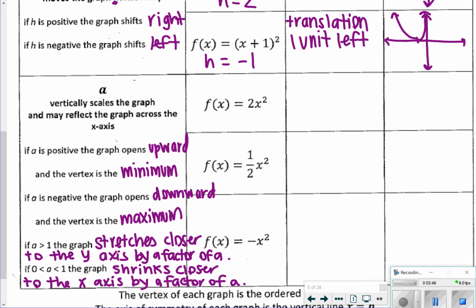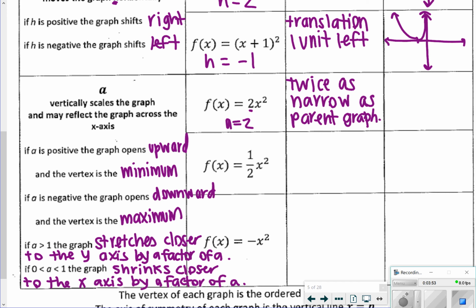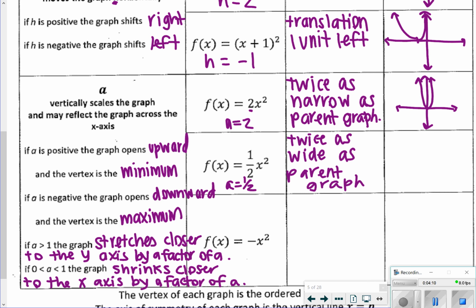For f of x is equal to 2x squared, A is equal to 2. So that means they're going to be twice as narrow as the parent graph. And this is what that would look like. So it's going to shoot up twice as fast on your graph. If A is equal to 1/2, like in example 2, this one is going to be twice as wide as the parent graph, which would make it look like this, where we're coming up slowly and it's shrinking closer to the x-axis.